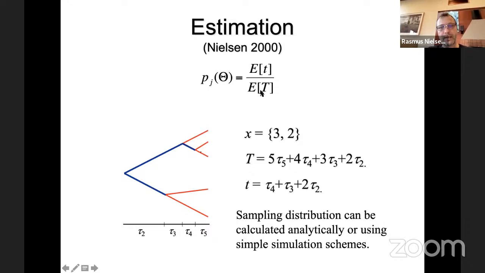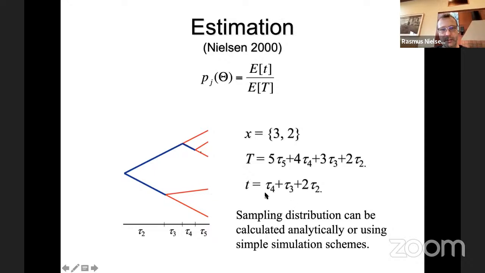Now it's calculating the expected total tree length: 4 times this time, 3 times the time in which you have 3 lineages, from here to here, tau 3, and 2 times tau 2. That's the total tree length, the sum of the length of all of these branches. That's capital T. And lowercase t here is the sum of the length of these branches.